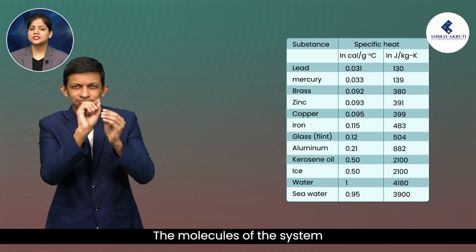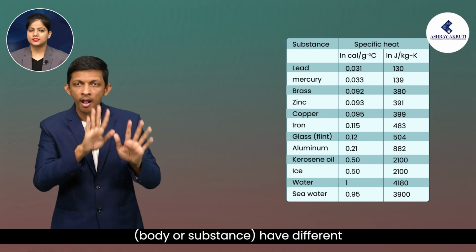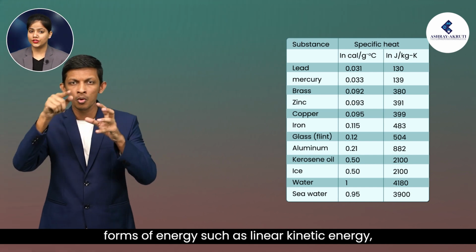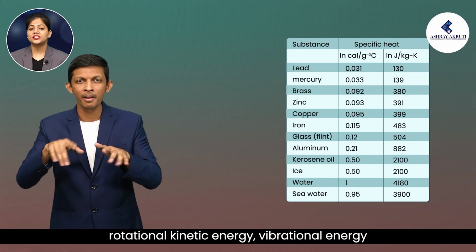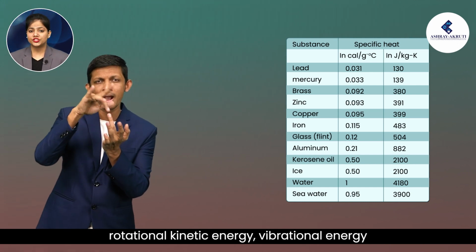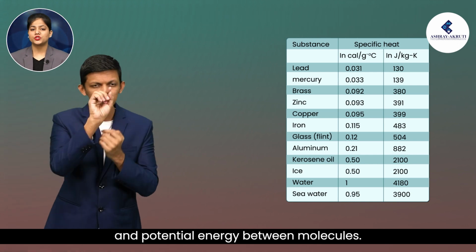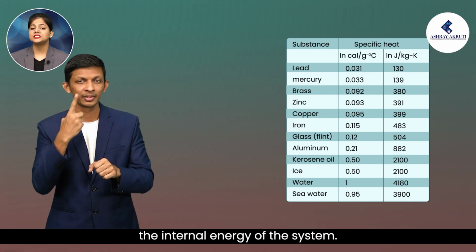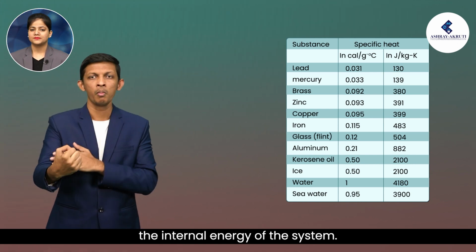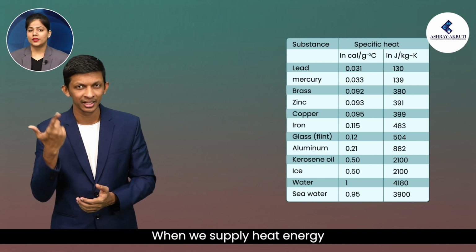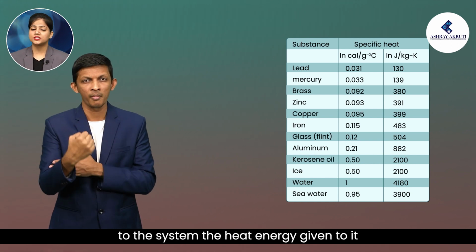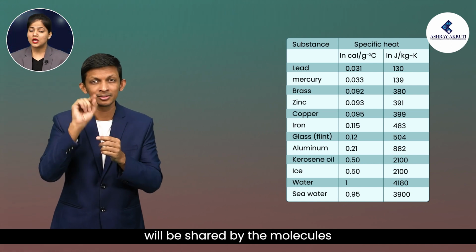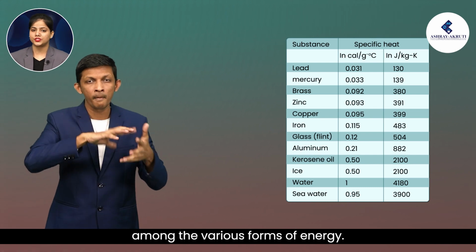The molecules of the system, body or substance, have different forms of energy such as linear kinetic energy, rotational kinetic energy, vibrational energy, and potential energy between molecules. The total energy of the system is called the internal energy of the system. When we supply heat energy to the system, the heat energy given to it will be shared by the molecules among the various forms of energy.